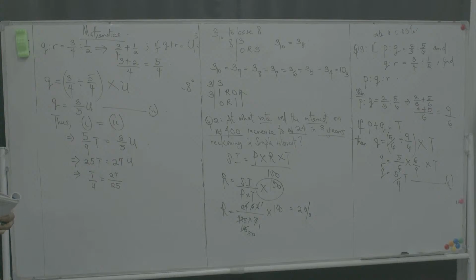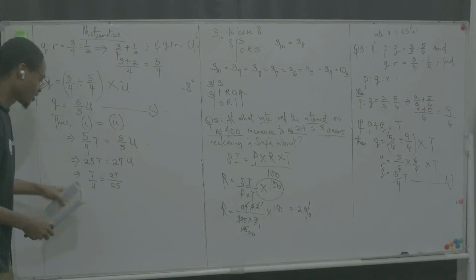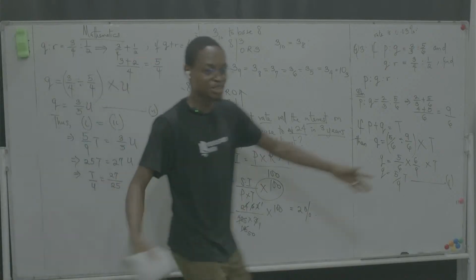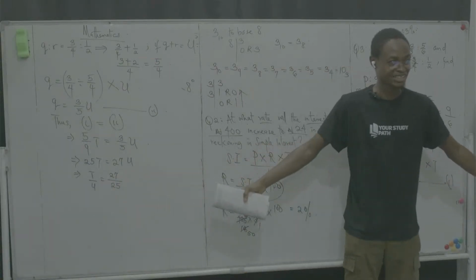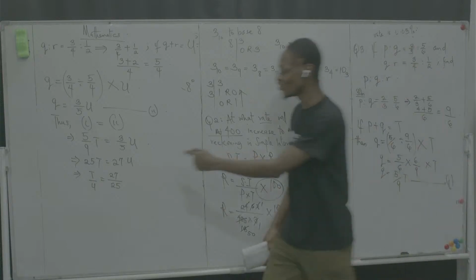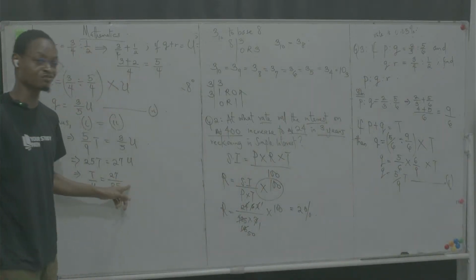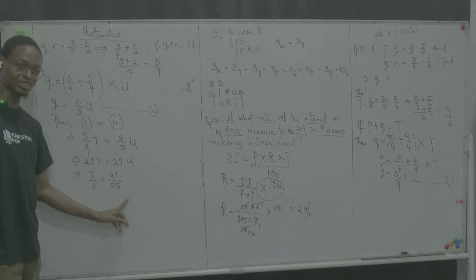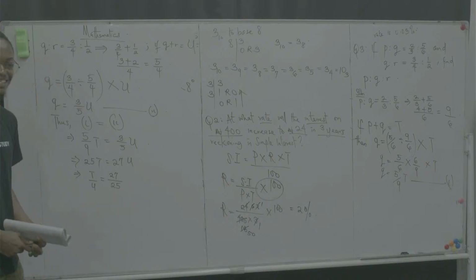Abi? Now, T/U will be equal to 27/25. Equations are balanced from the left hand side to right hand side. Abi? So if T/U is equal to 27/25, and of course this is in lowest terms, you can't cut it any longer. What does that immediately tell you?